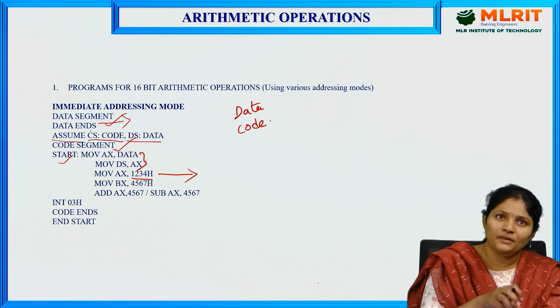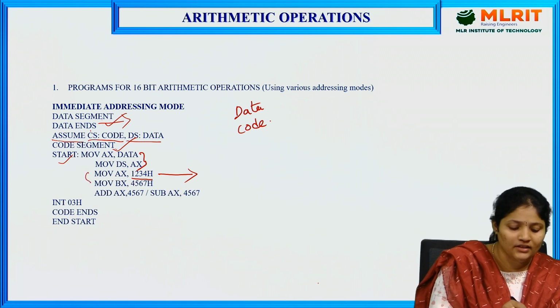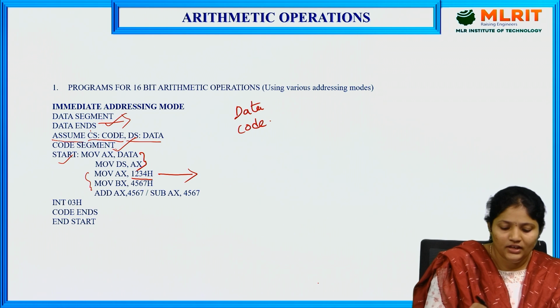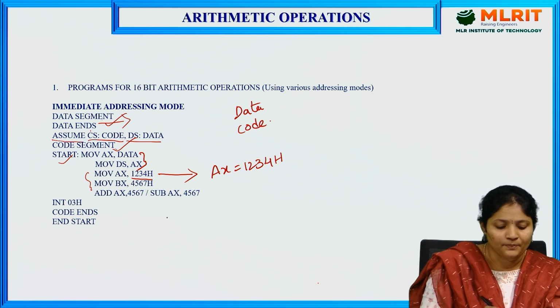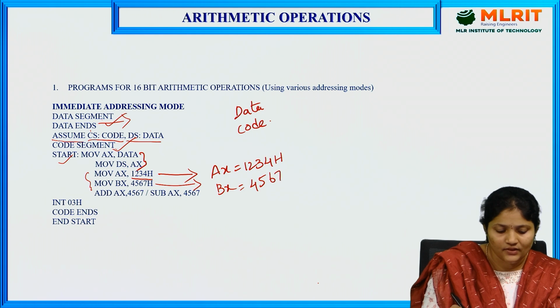I have directly mentioned this number in the instruction itself. That's why these particular instructions are said to be in the immediate addressing mode. The AX register is a 16-bit register which is filled with the hexadecimal number 1234H, and the BX register is also a 16-bit register, which holds the number 4567H.